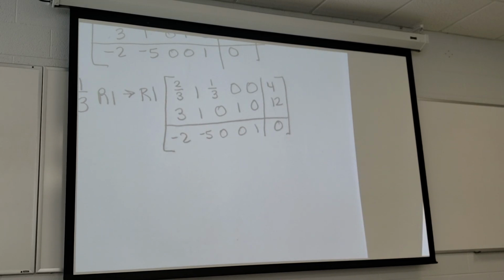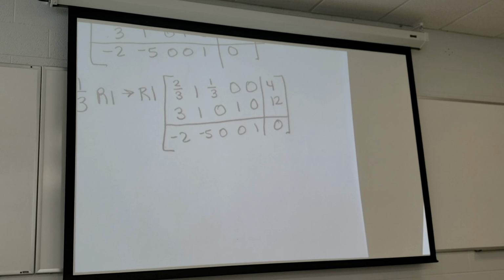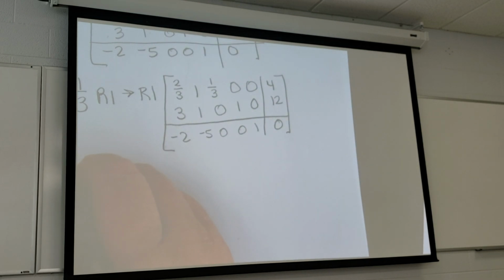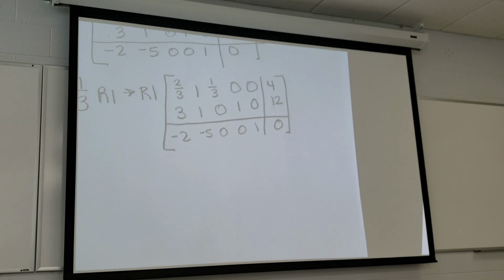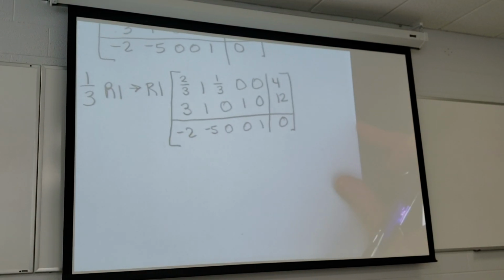Am I done? No, because everything below that 1, the top 1 has to become 0. To make a 0, I add the opposite.